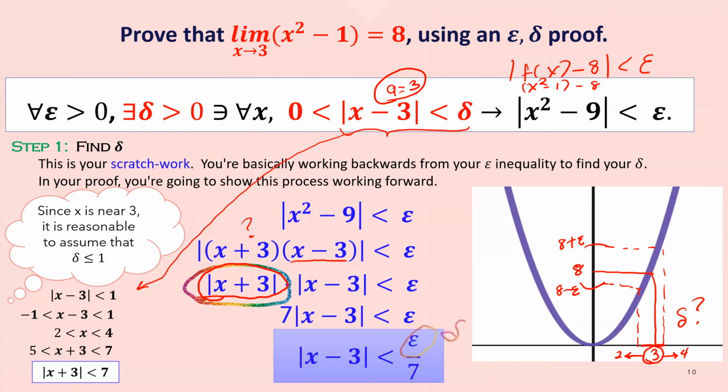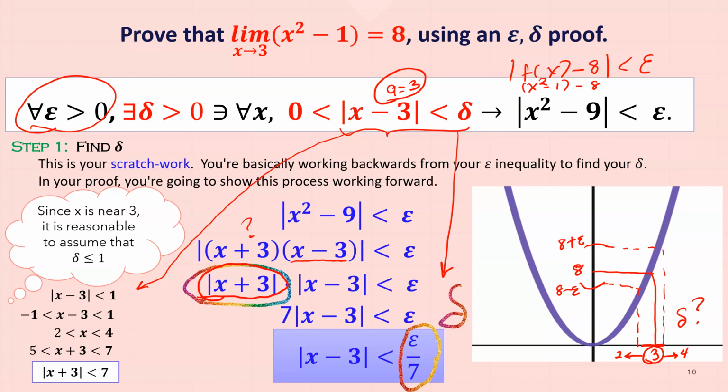Well, what are you going to claim your delta to be to make this thing work? That delta is going to have to be epsilon over 7, whatever epsilon is, because it is supposed to be an arbitrary number that someone just gives you for all epsilon greater than 0. All right, so that is how we find the delta.